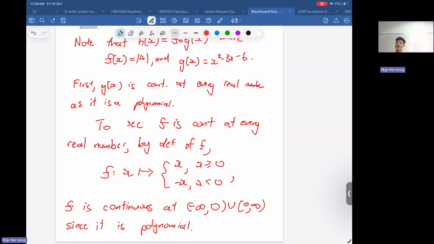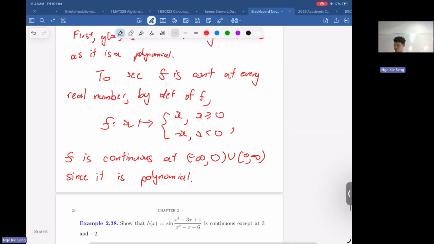They're connecting at x equals 0. I think we computed this a few times already, right? The left limit of absolute value is 0, the right limit is 0. At that point, you use the first or second definition to check. So f(0) is 0.